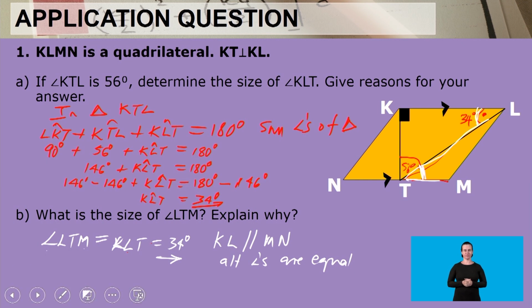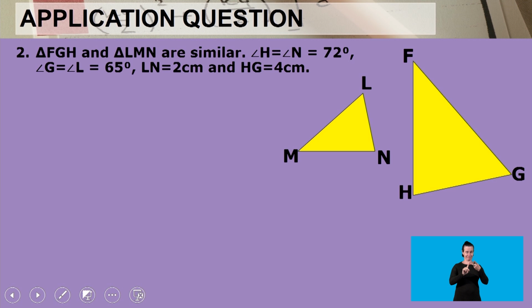All right, let's move on to the next question. Triangle FGH and triangle LMN are similar. Angle H equals angle N, which equals 72 degrees, and angle G equals angle L, which equals 65 degrees, and line LN equals 2 centimeters, and HG equals 4 centimeters.